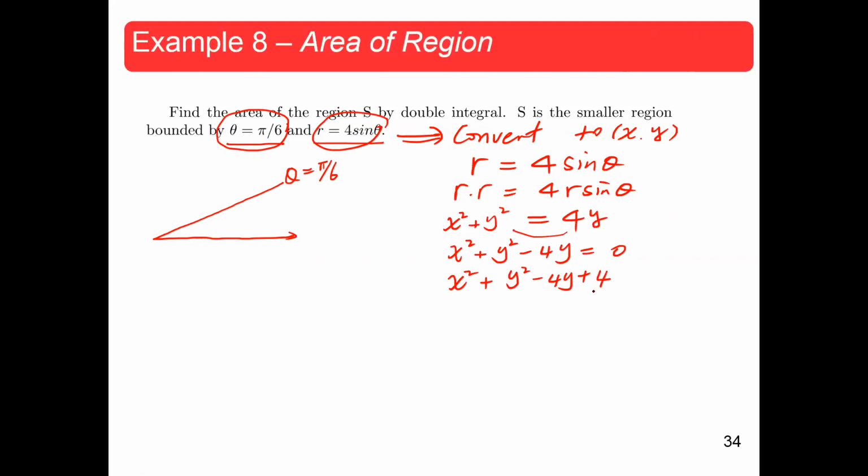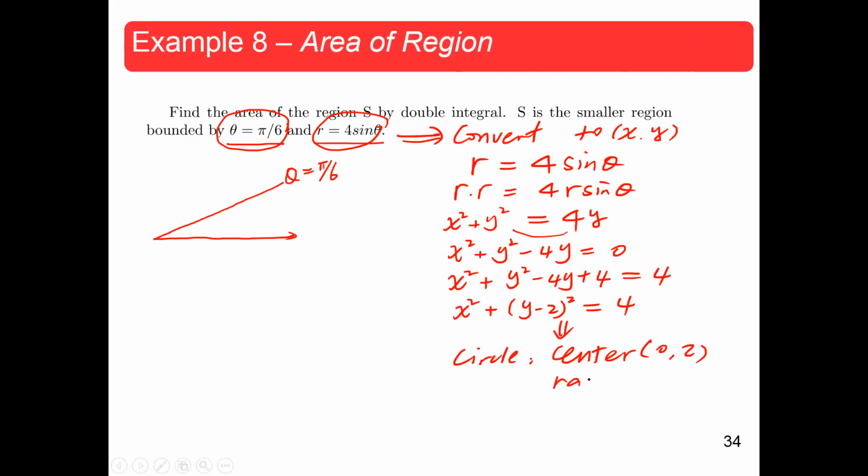So you added 4 on the left-hand side, so you add 4 to the right-hand side to balance it. We have x squared plus (y minus 2) squared equals 4, which is another circle, right? Whose center could be found by looking at x and y minus 2. So the center would be (0, 2), and the radius is going to be the square root of 4, which is 2.